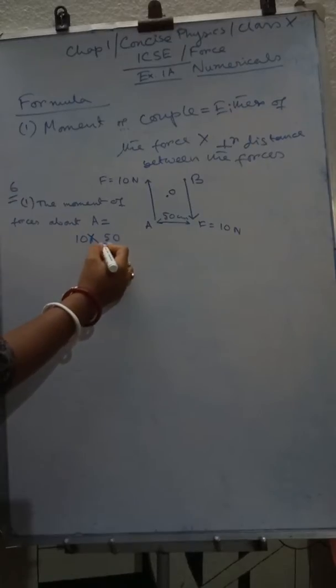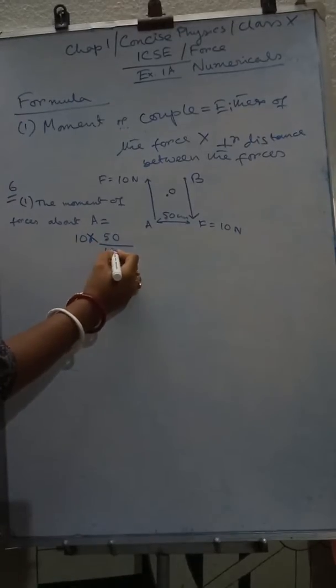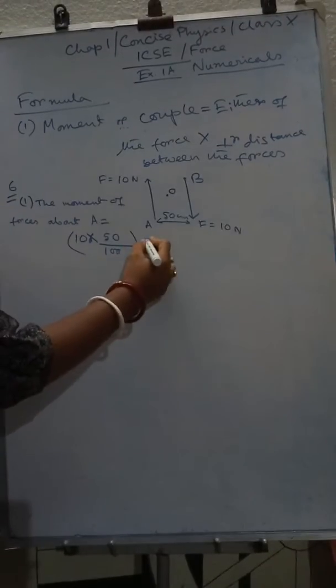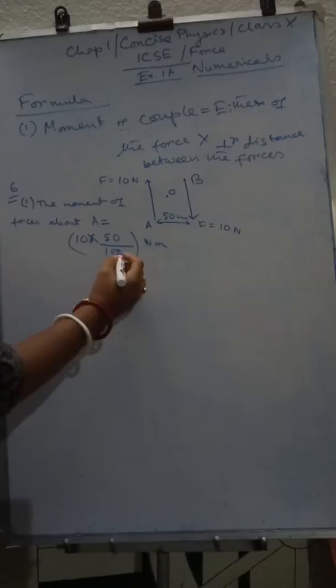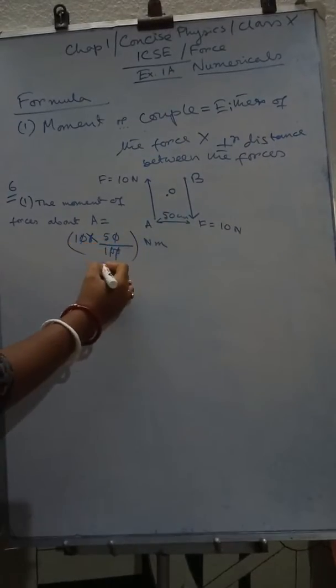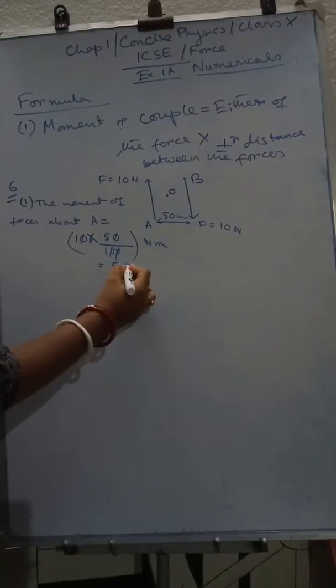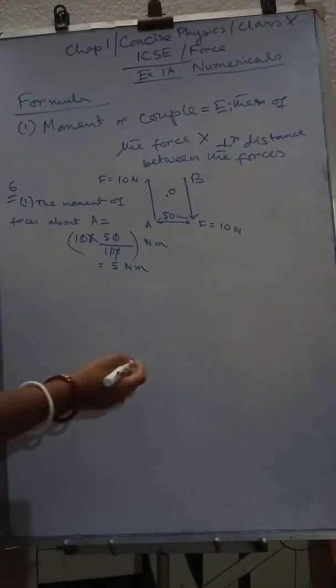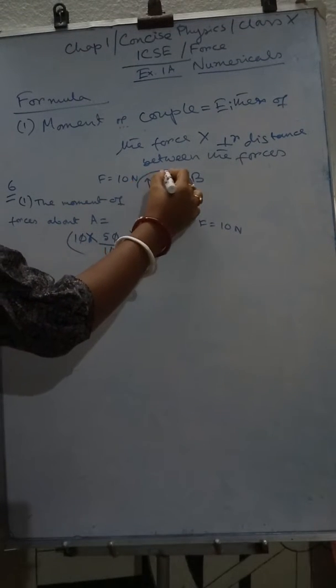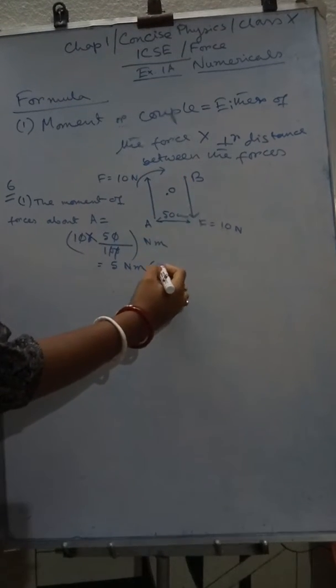That is, in meter it will be 50 by 100 and the unit will be Newton meter. So the moment will be 5 Newton meter and the direction will be clockwise.